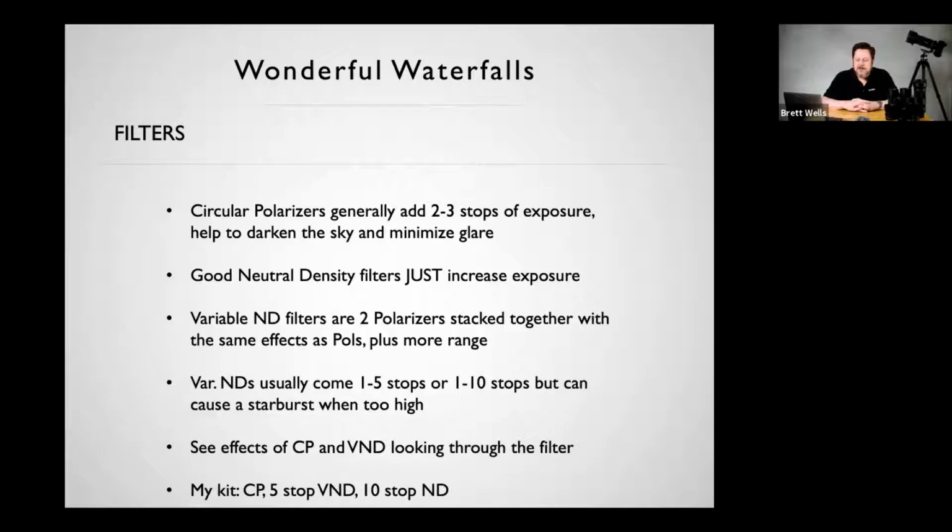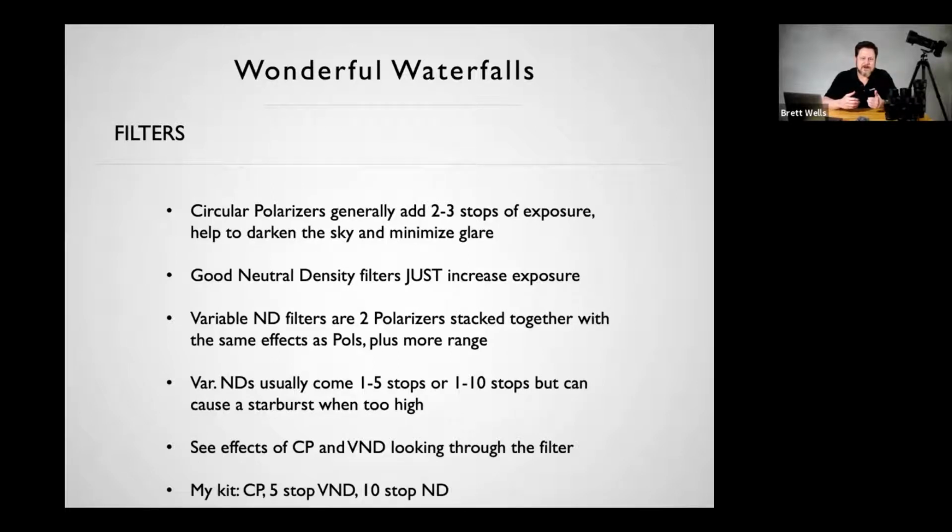Now, you can combine filters, but you don't want to combine a circular polarizer and a variable neutral density, because then you're making 3 polarizing filters together, and you're just asking for trouble. You really don't want to combine any more polarizing filters. So you can combine your circular polarizer with the regular ND.